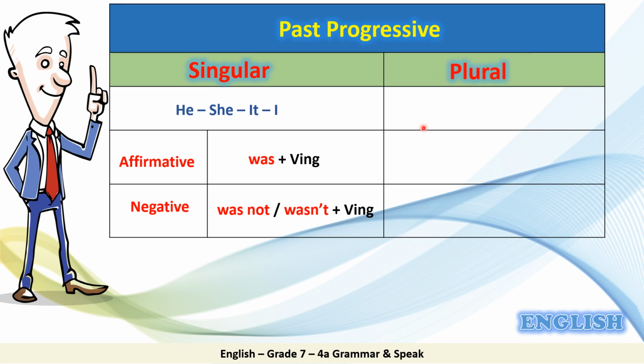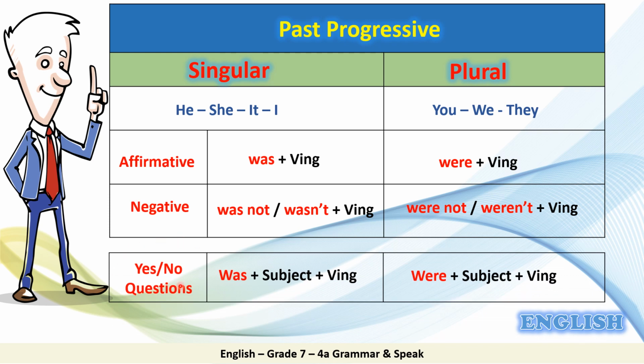For plural, you, we, and they, we use were, followed by the ing form of the verb in the affirmative form. And we use were not or weren't, followed by the ing form of the verb in the negative form.